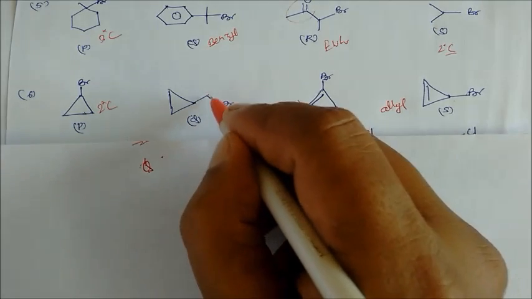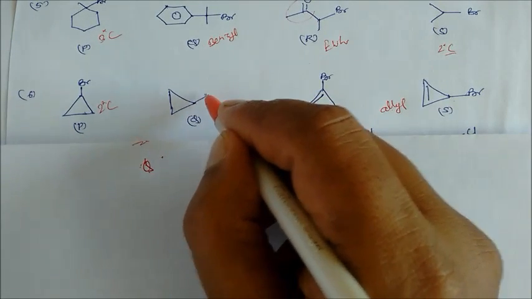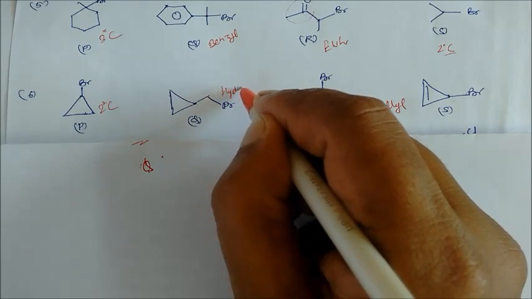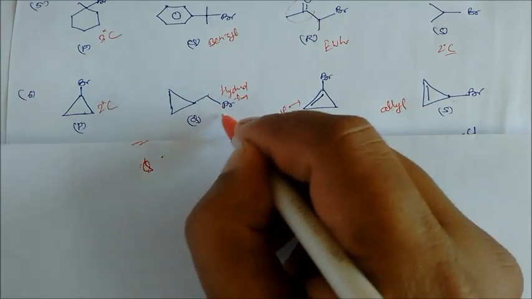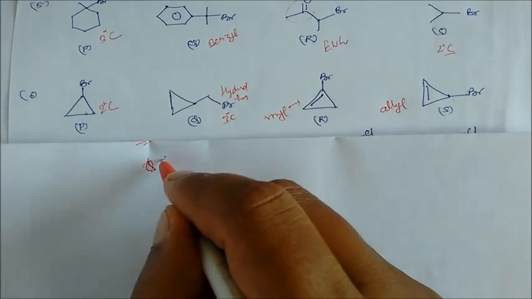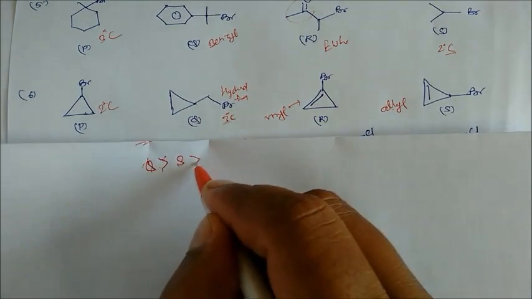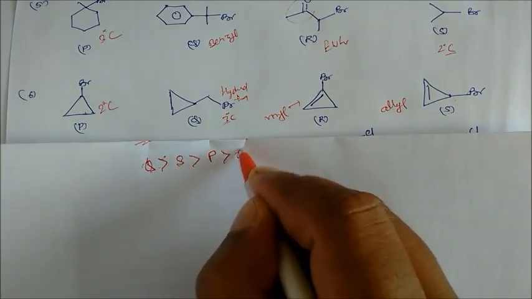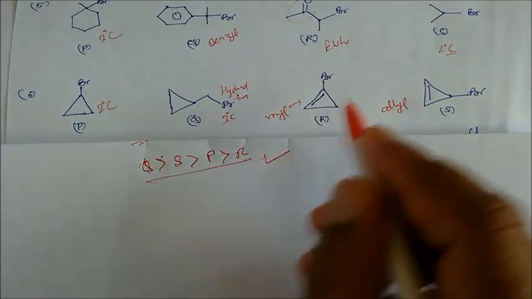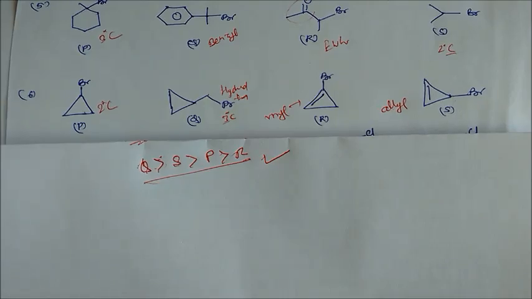Because if this is removed, then what will happen? Hydride transfer will take place, and this becomes a tertiary carbon. So Q will be most reactive toward SN1, then followed by S, then followed by P, then followed by R. So this is the reactivity series of SN1 reaction.